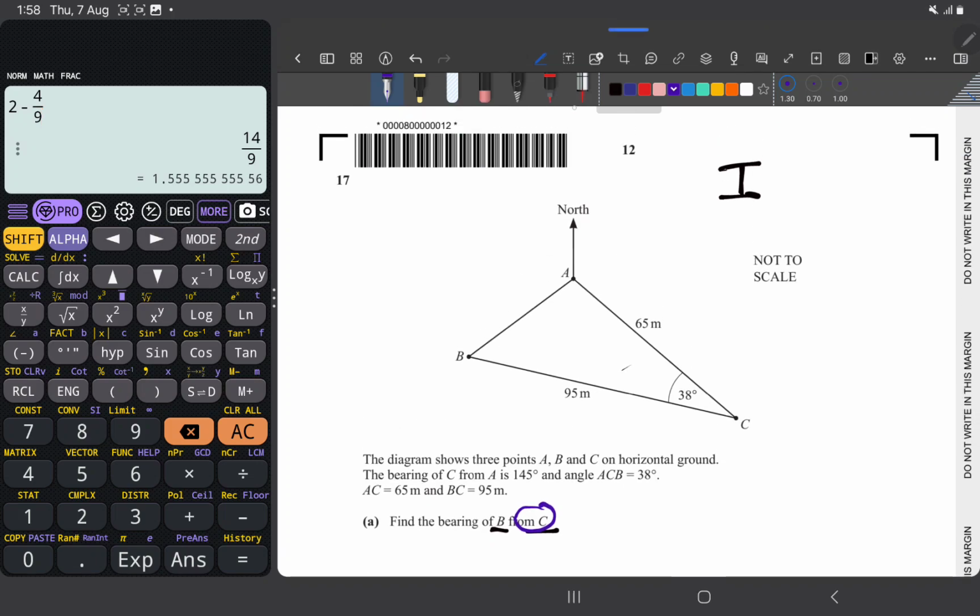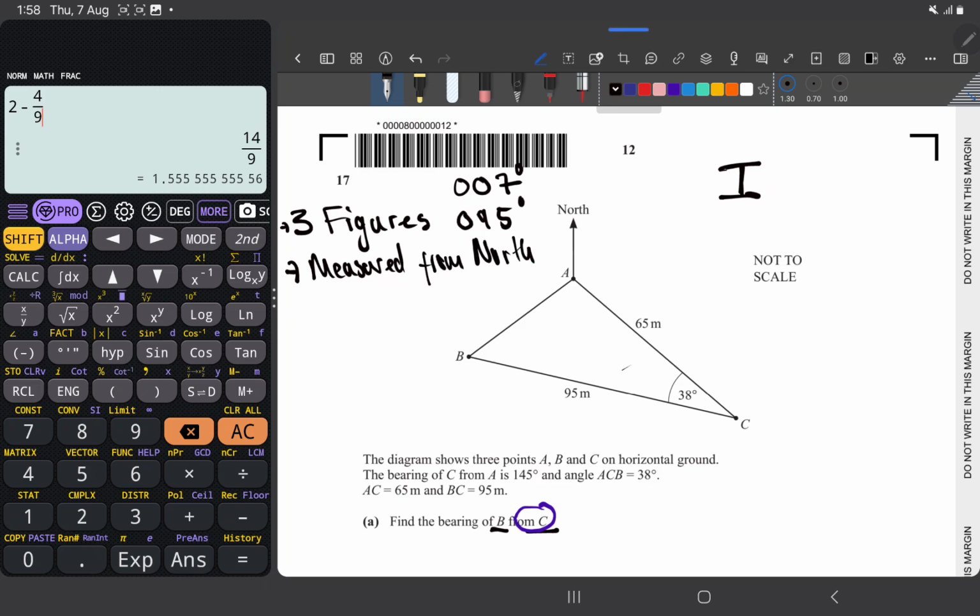Because here are the 3 rules of bearing. It's called 3-figure bearing. Bearing should always, number 1, be in 3 figures. In other words, if you get an answer, say 7, you say 007. If you get 95, it's 095. Because it should always be 3-figure bearing and it will be in degrees. The other part is, bearing should be measured from the north.